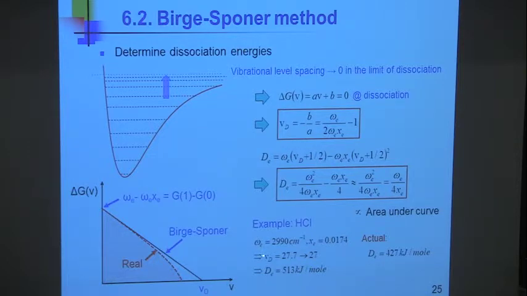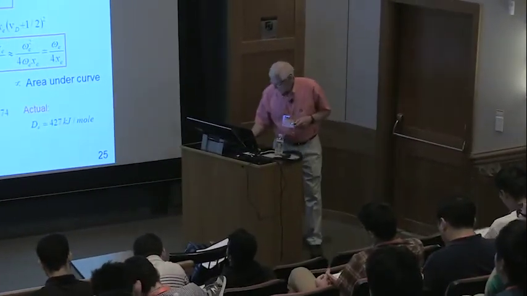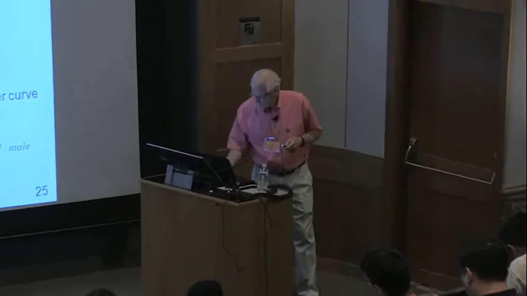The dissociation vibrational quantum number is 27. The reality is like 427. So this always overestimates the answer. The Birge-Sponer always overestimates. But the only reason I show it to you is that when you want to get a feel for how the dissociation energy varies with the vibrational frequencies, how do these molecules behave in dissociation energy relative to their spectroscopic properties?